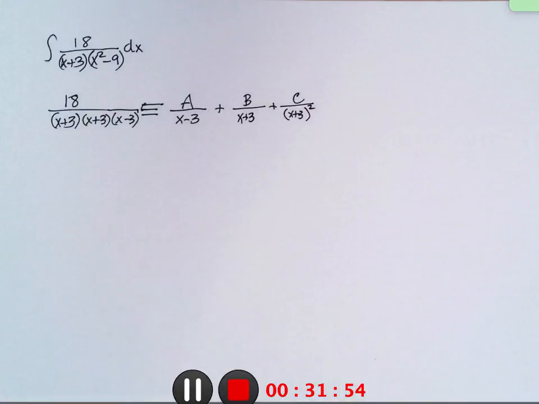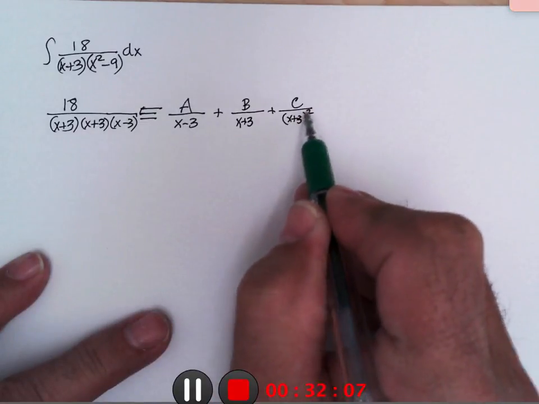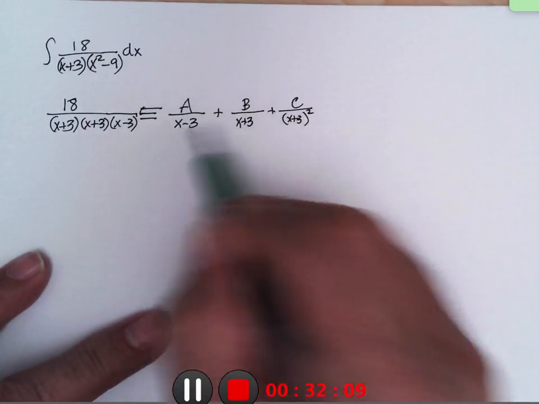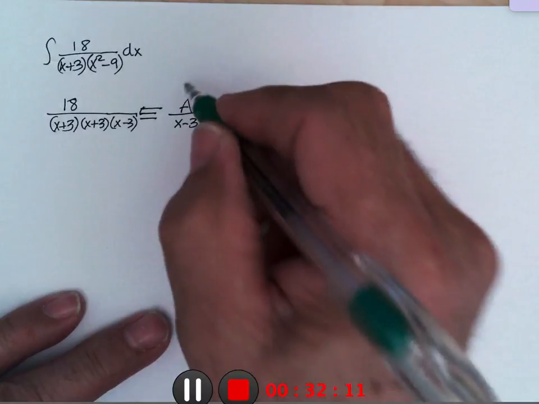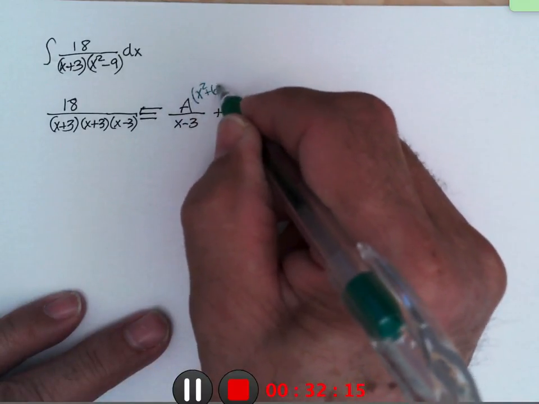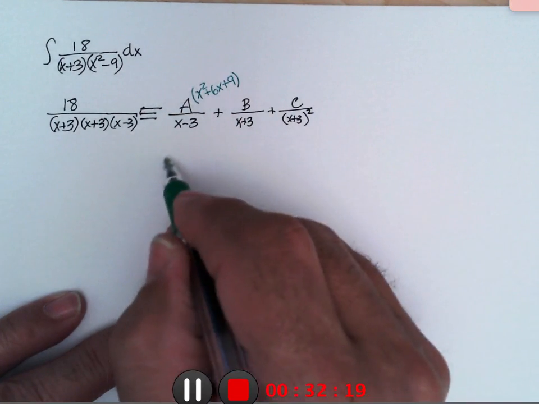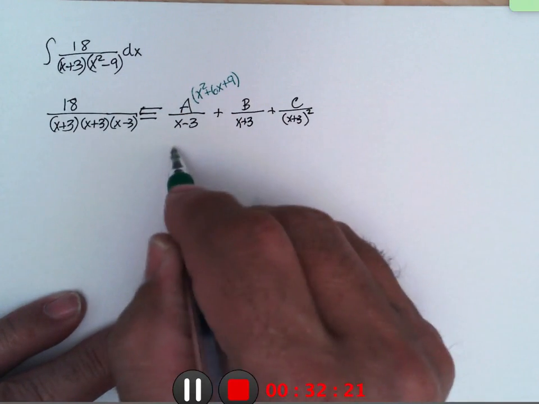Okay, just like we've done before, what would we have to multiply to get a common denominator? Well, this one would need an x plus 3 quantity squared. So x plus 3 times x plus 3, hopefully you know that's x squared plus 6x plus 9. You can write down x plus 3 times x plus 3, 2 parentheses, FOIL it out, you should get that.